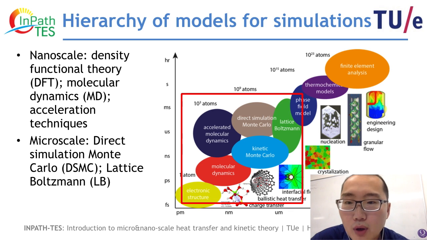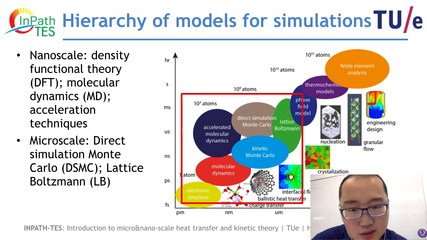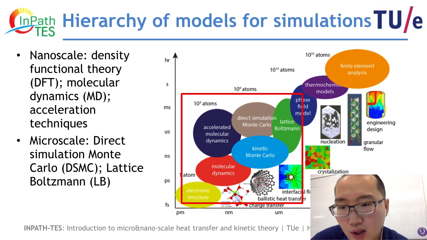In this multi-scale hierarchical approach, the models and simulations are built upon each other. In this schematic diagram, a few models and simulation methods are given. At the subatomic scale, we can study the electronic structure of an atom or a molecule. This is also the scale where quantum mechanics works. Going up the ladder, we come to molecular dynamics.